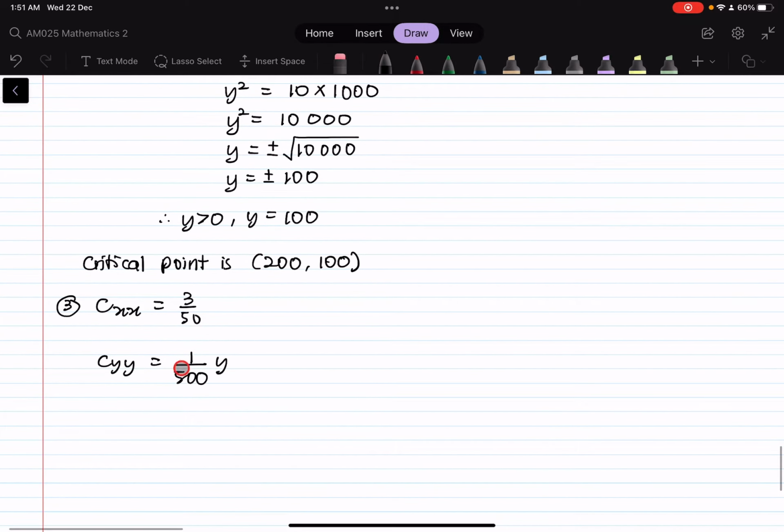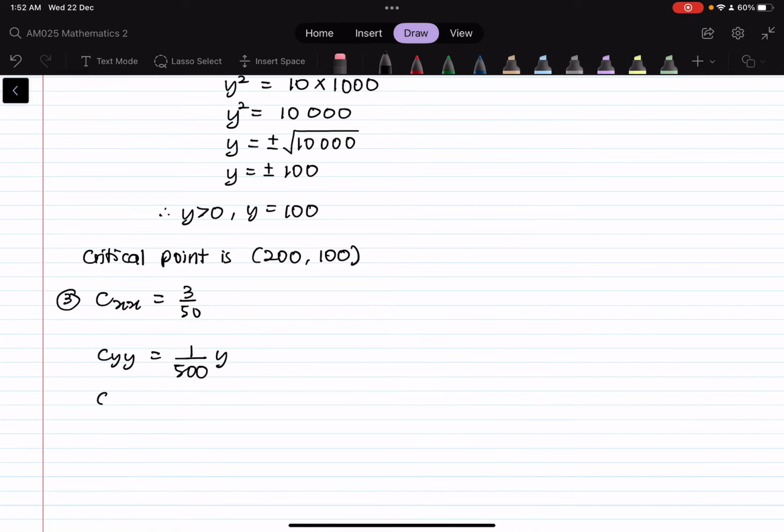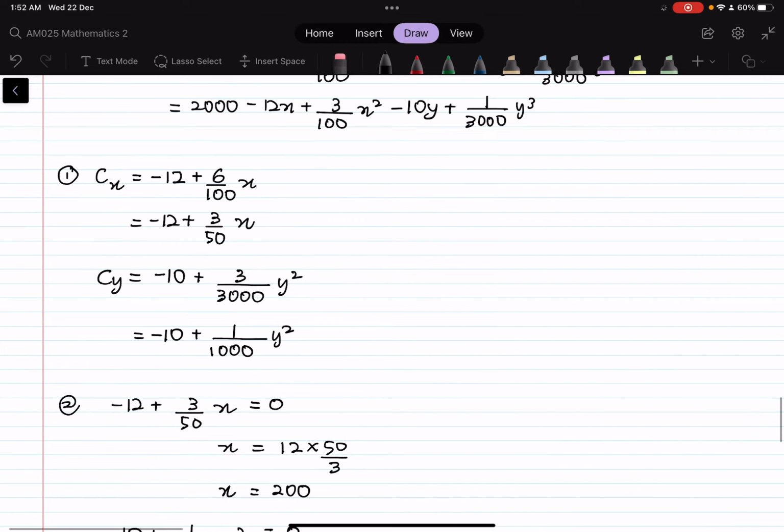That's why we get 1 over 500y there. For c sub xy, let us differentiate with respect to y. There's no y term, so it's 0.